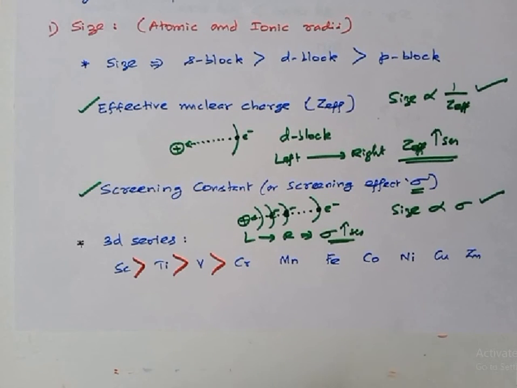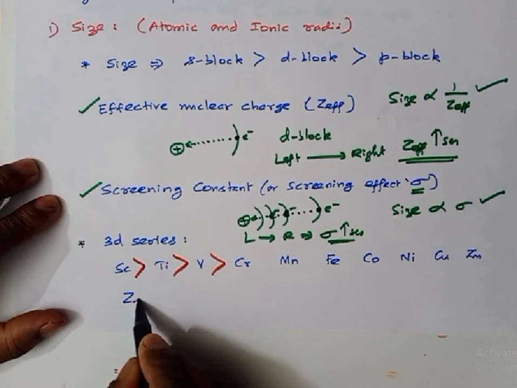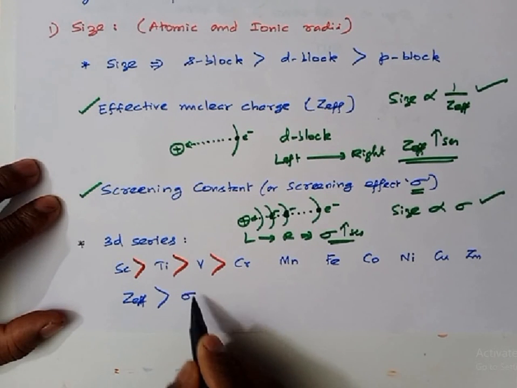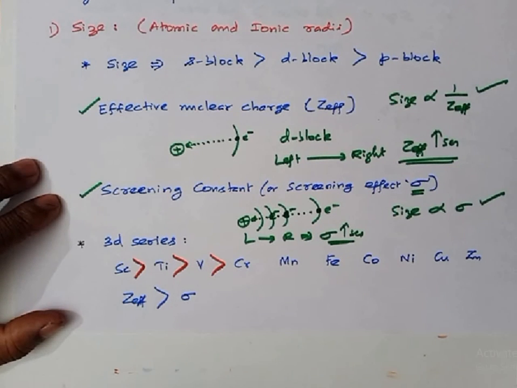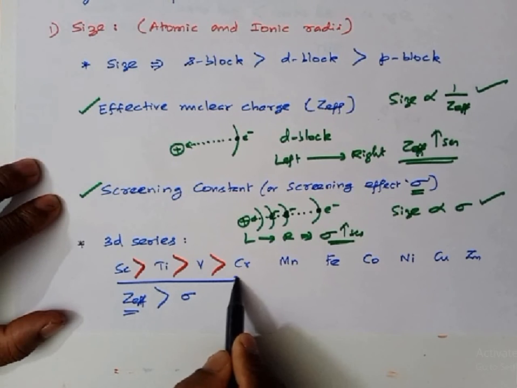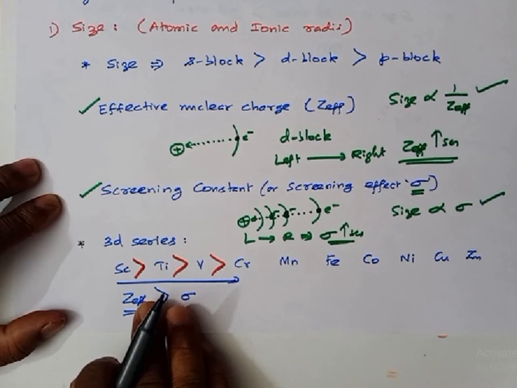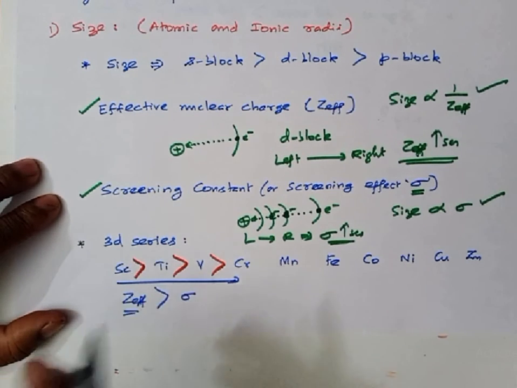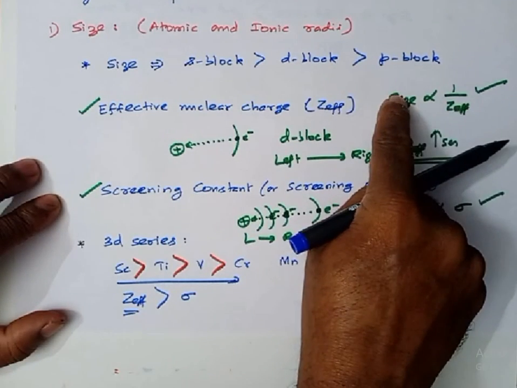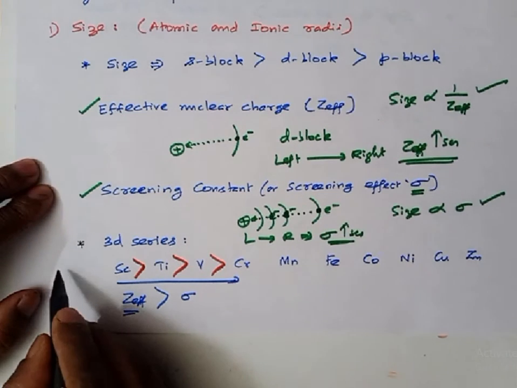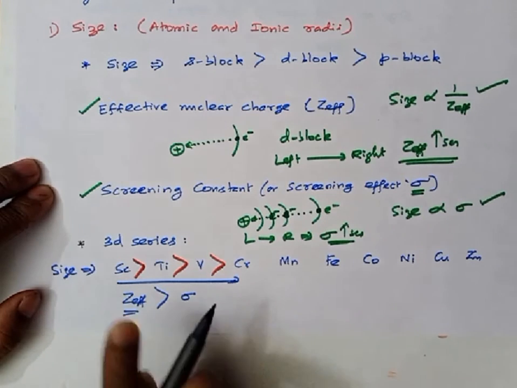The reason is effective nuclear charge increases compared to the increase in screening effect. Up to this point, effective nuclear charge is more compared to shielding. Since effective nuclear charge is increasing to a larger extent, size decreases. So size decreases from scandium to chromium. This is the size order.